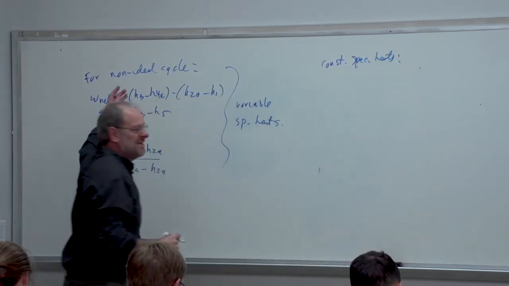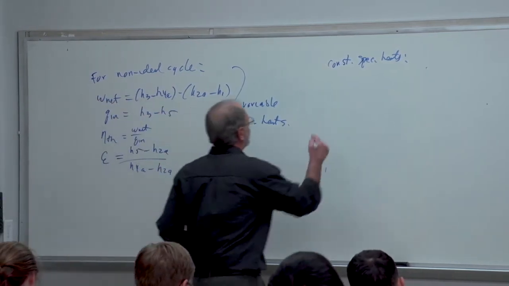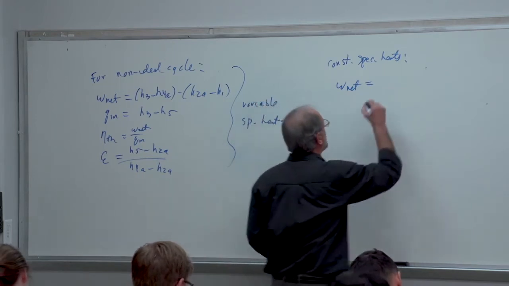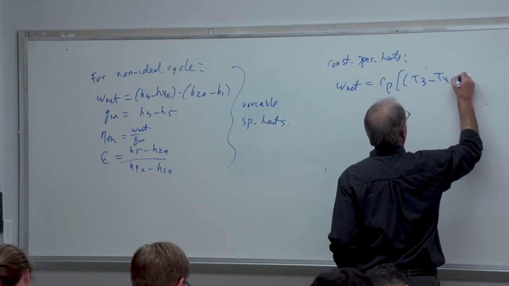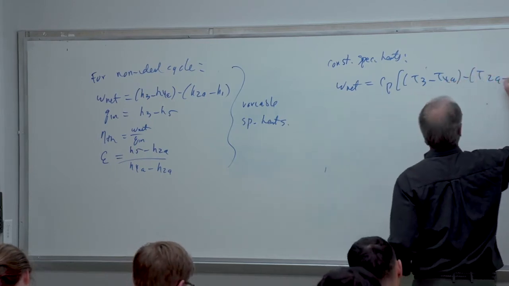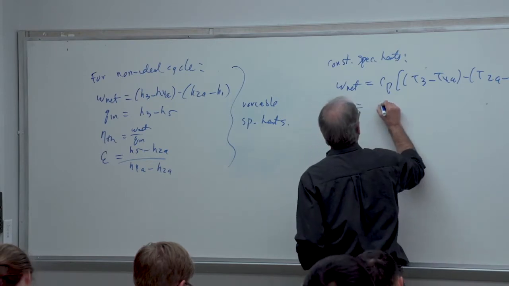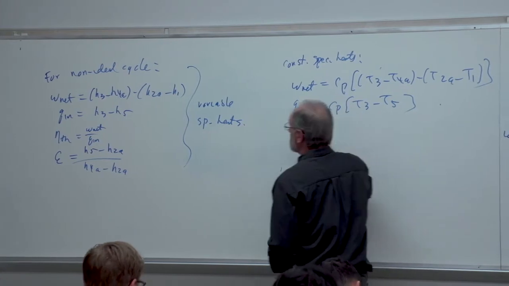these just change into Cp times temperature ratios. I'm not even sure I absolutely need to write this down at this point, but I will anyway. So T3 minus T4A minus T2A minus T1. And then the heat input is Cp times T3 minus T5.